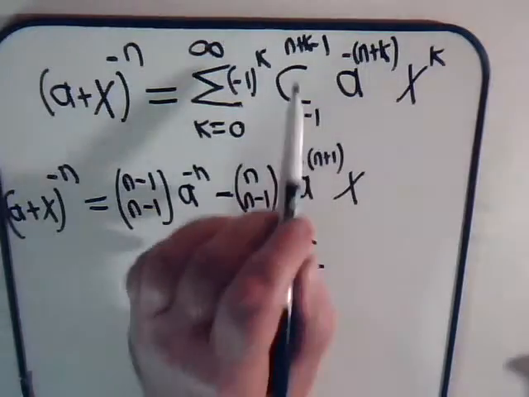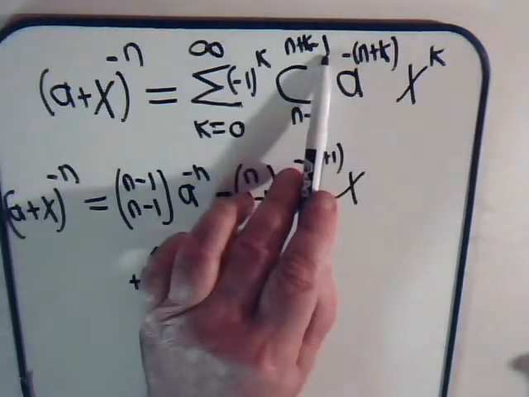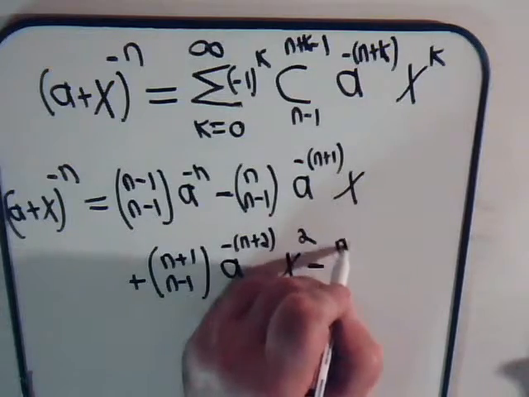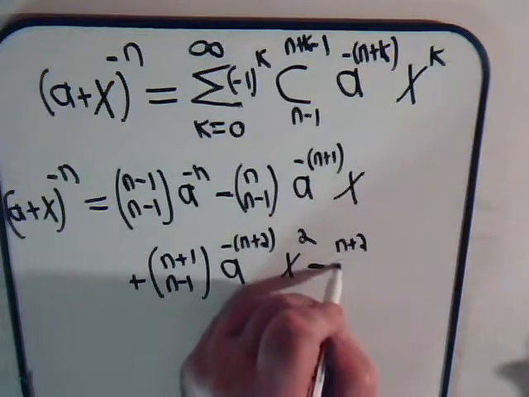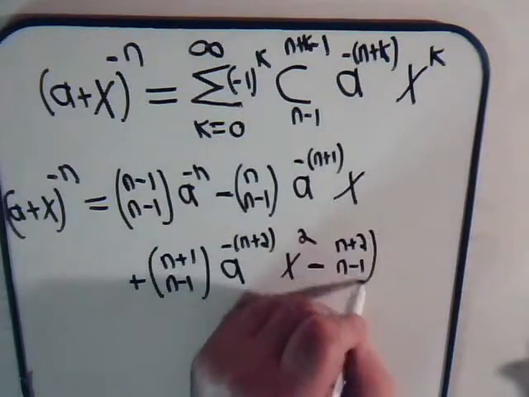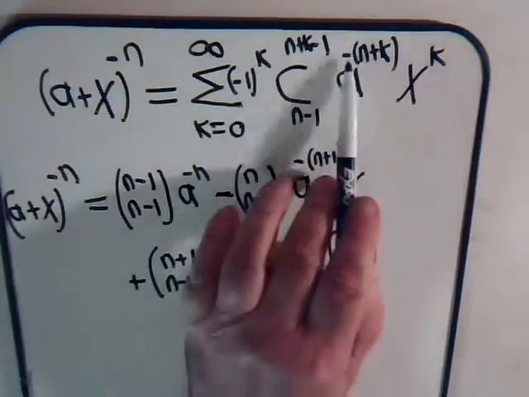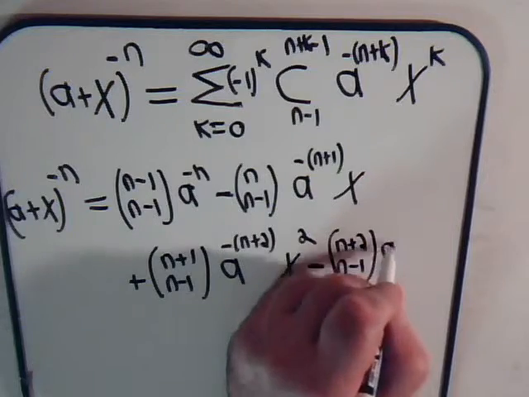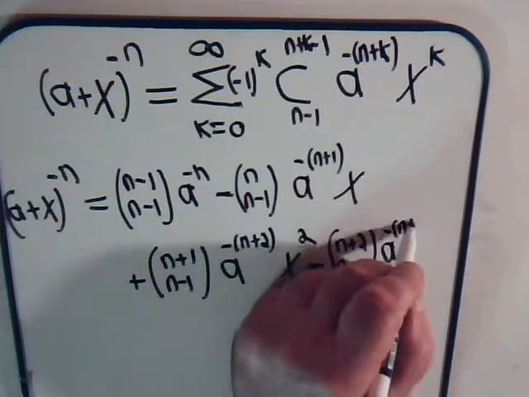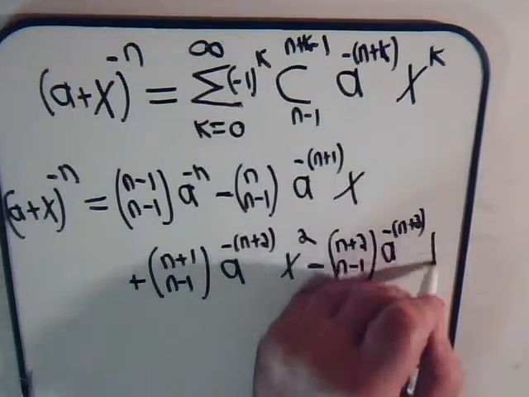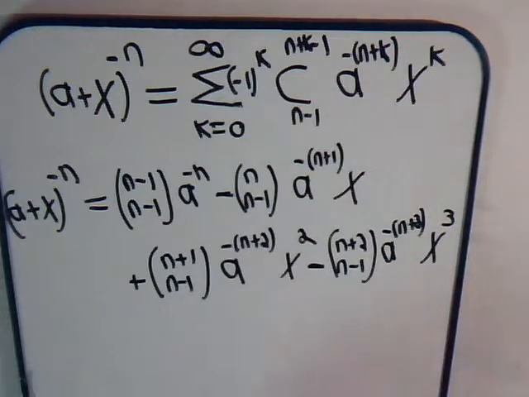So you have minus, 3 minus 1 is 2, so we have n plus 2 over n minus 1. We have that binomial coefficient. Here it's going to be a to the minus n plus 3 times x cubed. And we can keep going along like this.